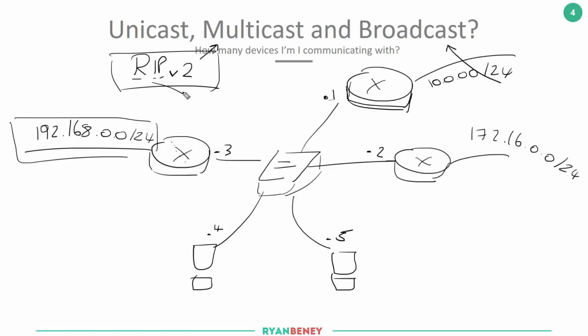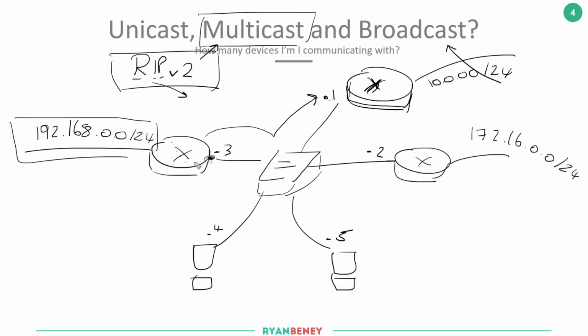So RIP can be used to advertise this router as a gateway for 192.168.0.0. So if this particular router had a packet destined for that destination, it will know, I know how to get to 192.168. To get there, go to .3, because .3 knows how to get there. But that communication happens via multicast.